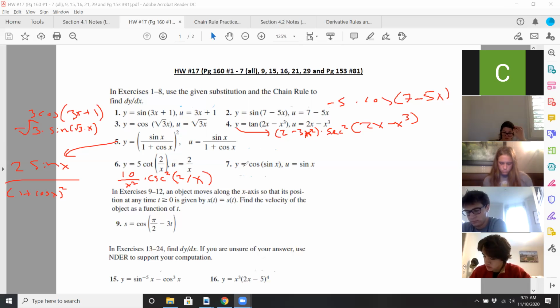And number 7 is negative sine of sine x.